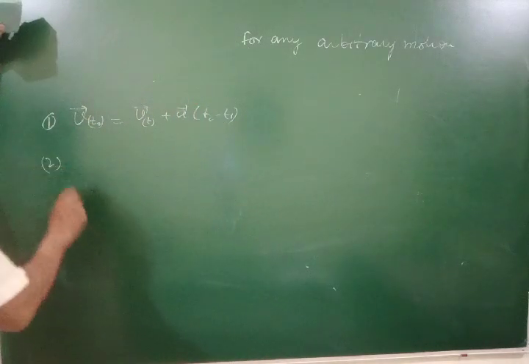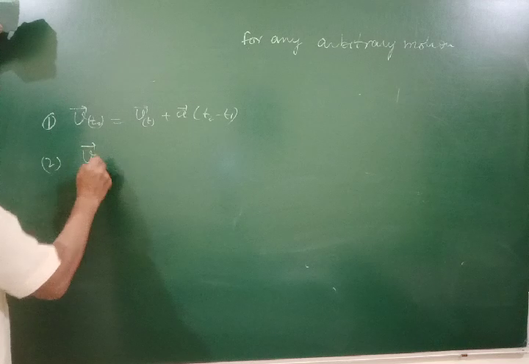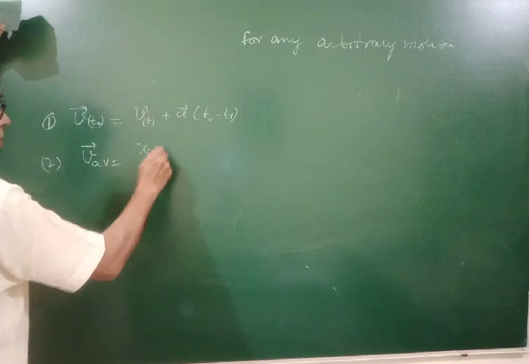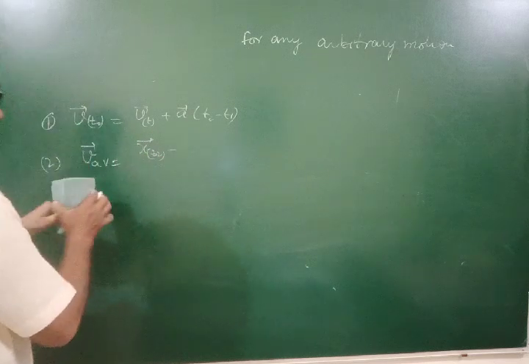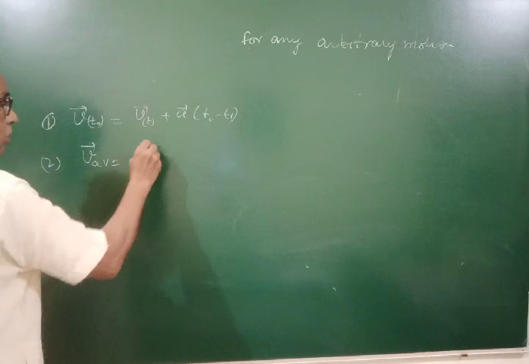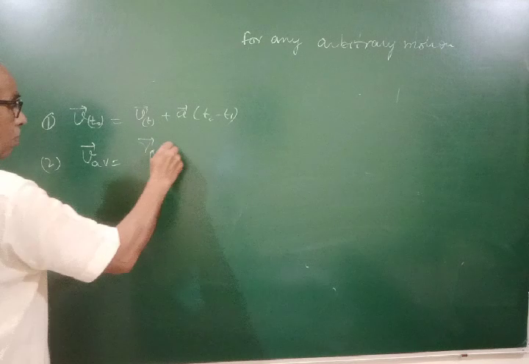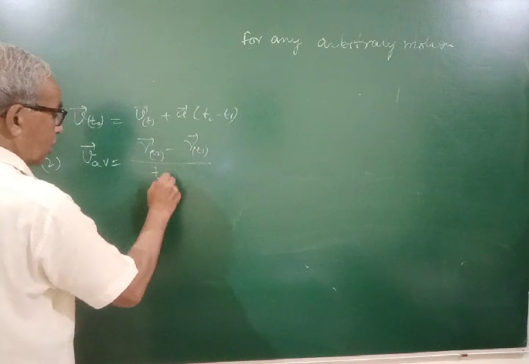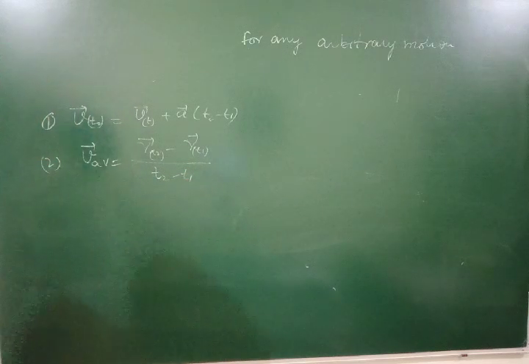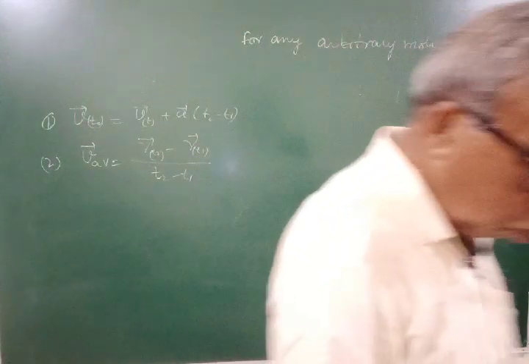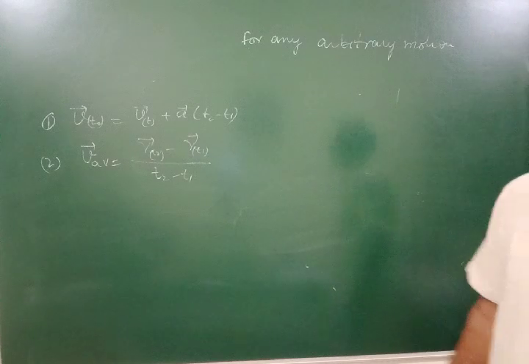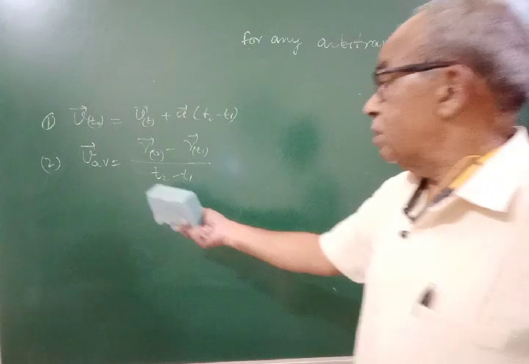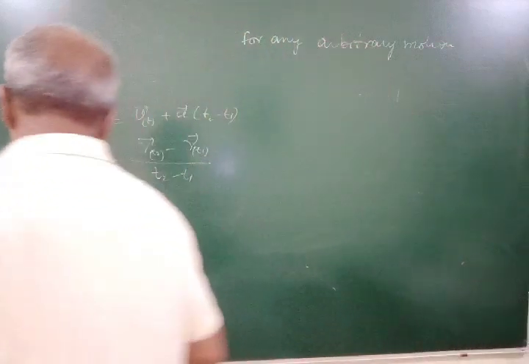Similarly, v average is equal to r(t2) minus r(t1) upon t2 minus t1. So what do you think about this? This is true for any motion because average velocity is the change in position per time. So it is simply telling that thing.